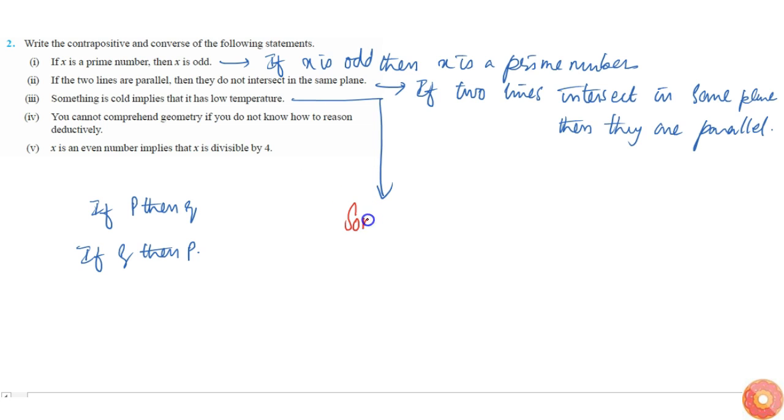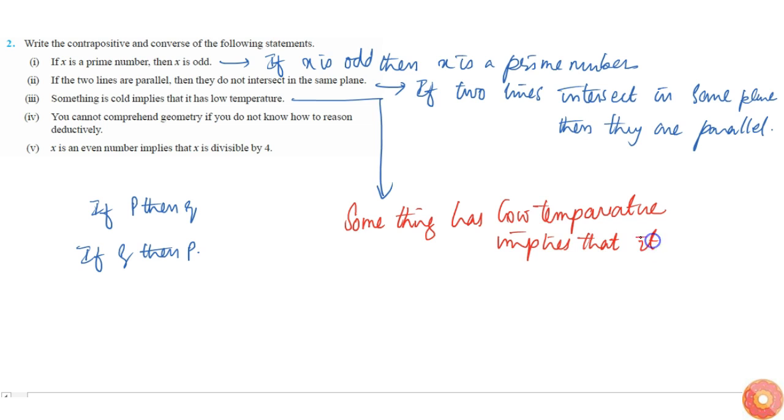So I'll say something has low temperature implies that it is cold. That is Q implies P.